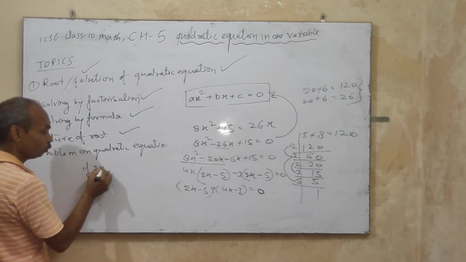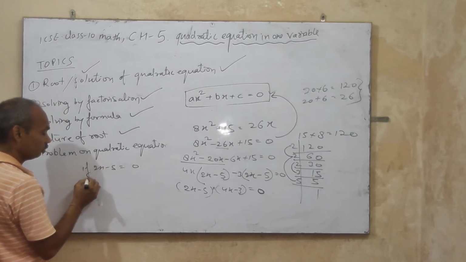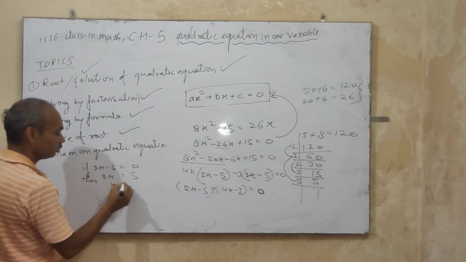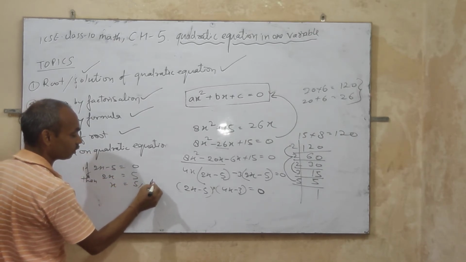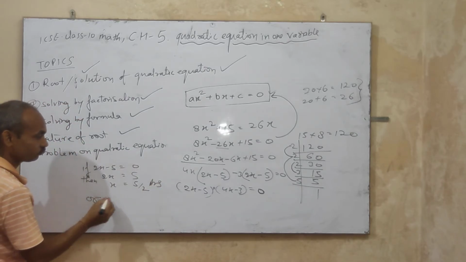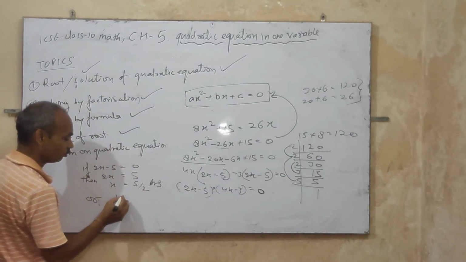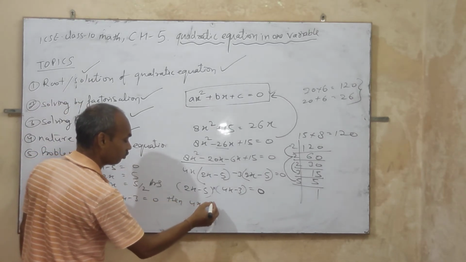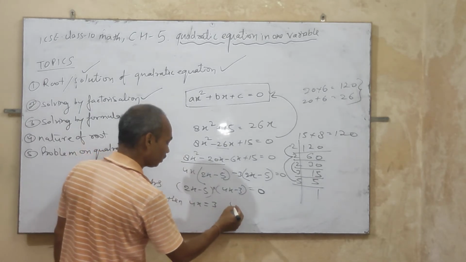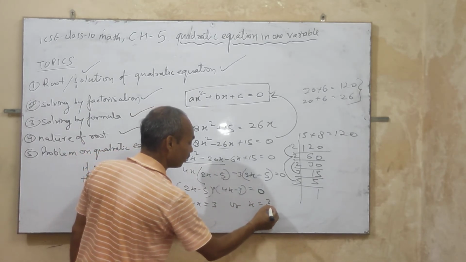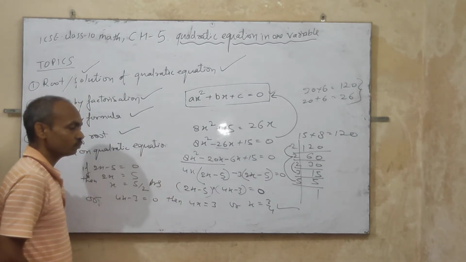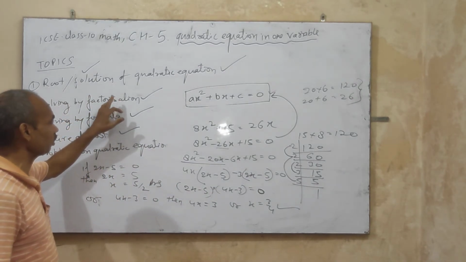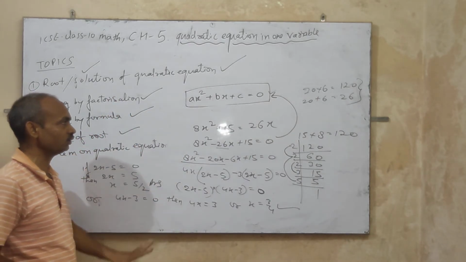If 2x minus 5 is equal to 0, then 2x is equal to 5, so x is equal to 5 by 2. Or 4x minus 3 is equal to 0, then 4x is equal to 3, so x is equal to 3 by 4. So it is very easy to solve the quadratic equation by factorization.